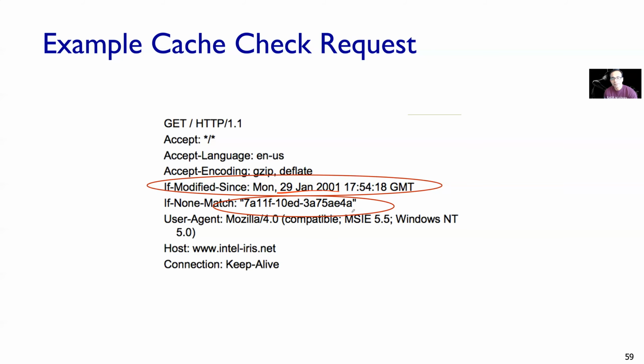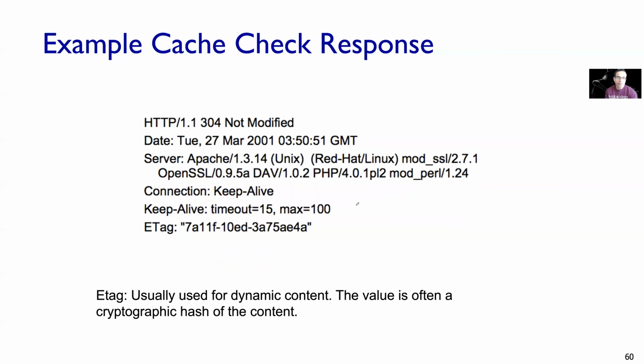So in those cases, there's something called an ETag that is used, right? What happens is the server, when it creates your dynamic content, runs a hash on the actual content of the data that was generated, and it includes that hash in this ETag value. Then when your cache is checking for consistency, it will include this ETag when it sends the request.